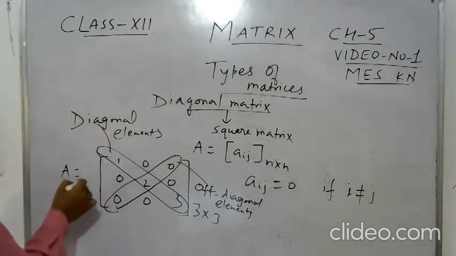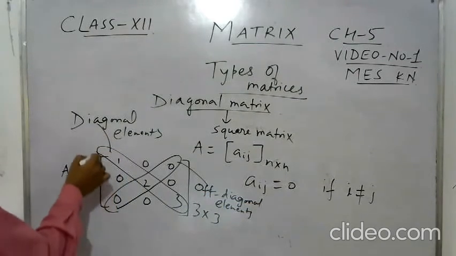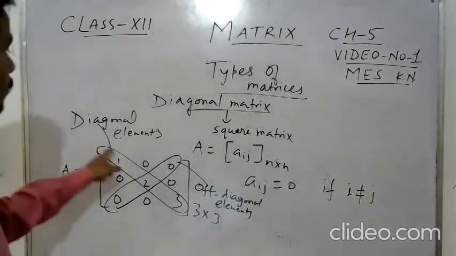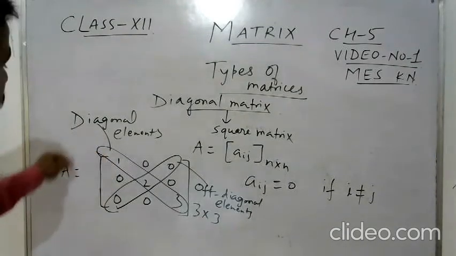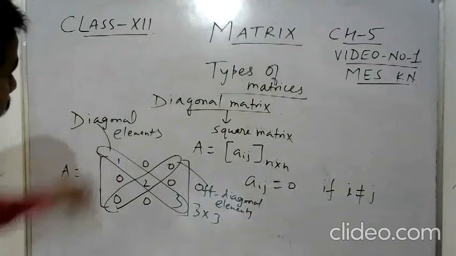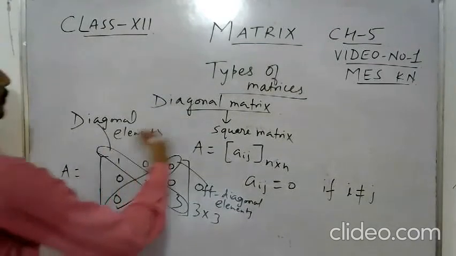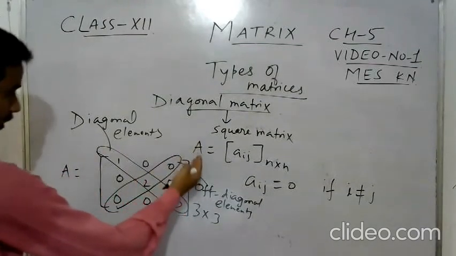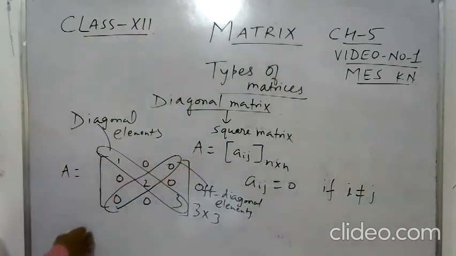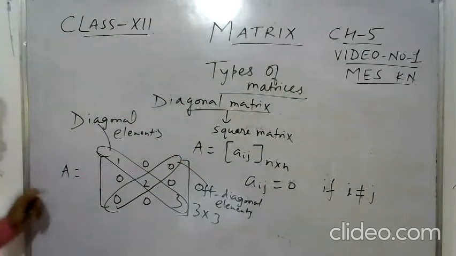The diagonal elements are also called principal diagonal elements or leading elements. All the elements above or below the diagonal elements are 0. Then such a matrix is known as a diagonal matrix.